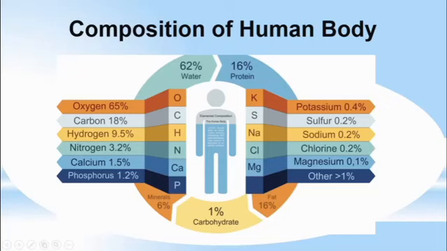Among different ions are the calcium, potassium, that is 0.4% only, sulfur 0.2%, sodium 0.2%, chlorine 0.2%, magnesium 0.1%, and others that are required in very minute quantities, they are less than 1%. Then comes phosphorus, that is around 1.2%, calcium 1.5%, nitrogen 3.2%, hydrogen 9.5%, carbon 18%, and oxygen 65%. So this is the whole composition of human body.